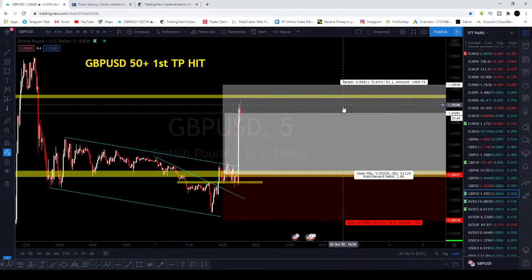Like I've said earlier, put your take profit around this price. That is going to be the second take profit, which is going to be 81 pips in profit, right? So put it at 1.29538. That's where your second take profit is going to be for 81 pips.